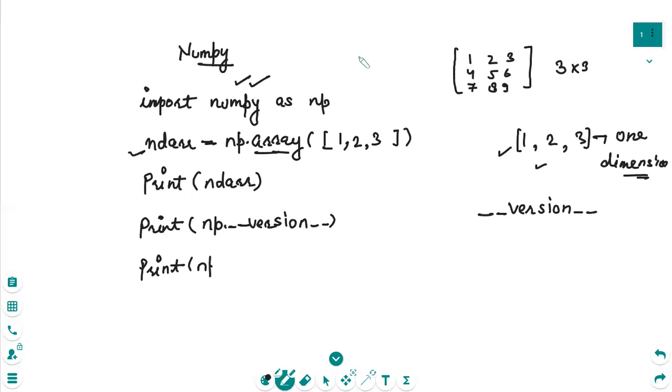You will call the ndim attribute with this array, whatever you have created here, right?